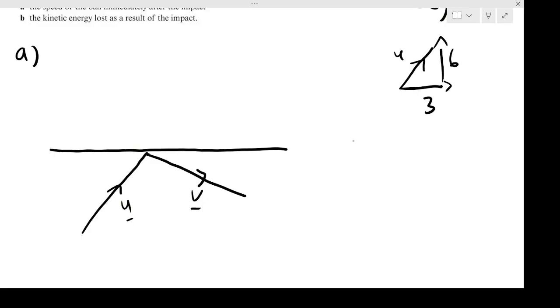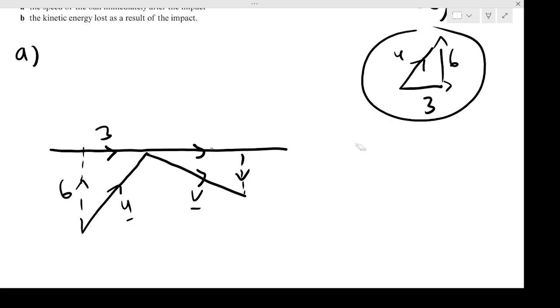And then we're going to split it into parallel and perpendicular parts. So for u, firstly, we're going to go up like this and then across the wall like that. Then for v, again, we're going to go across like this and down like that. So for u, we go 6 up and then 3 across.